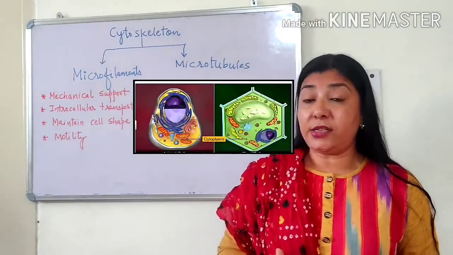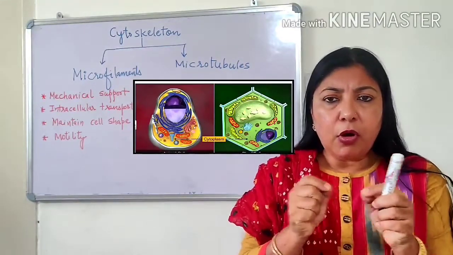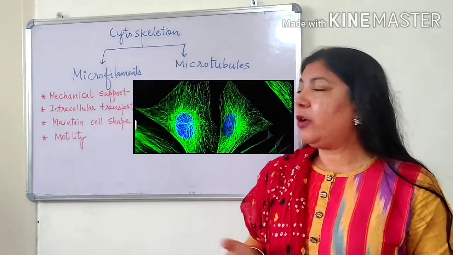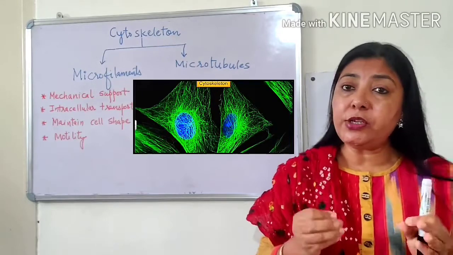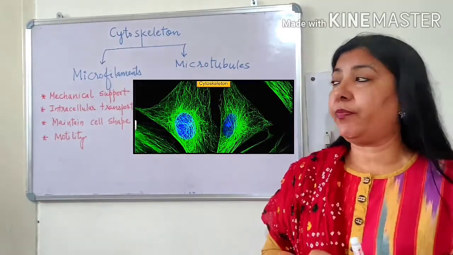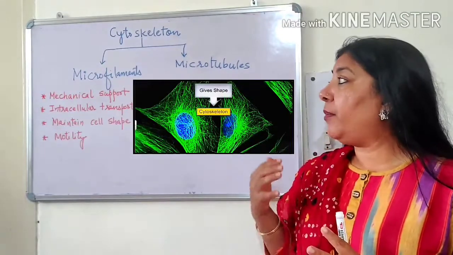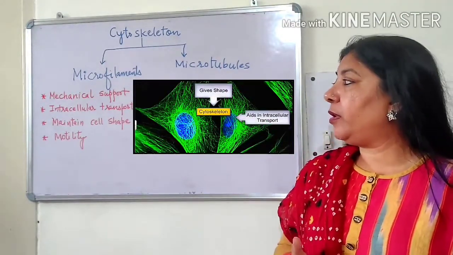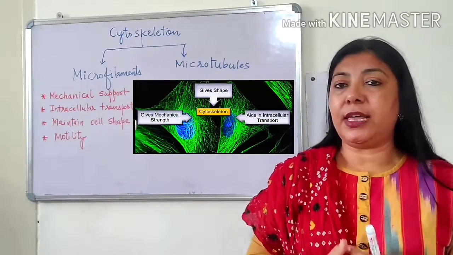So cytoskeleton is an elaborate network of small fibers which may be in the form of microfilaments or microtubules. They are made up of special proteins and they are responsible for providing the mechanical support to the cell. They are also responsible for intracellular transportation within the cell.